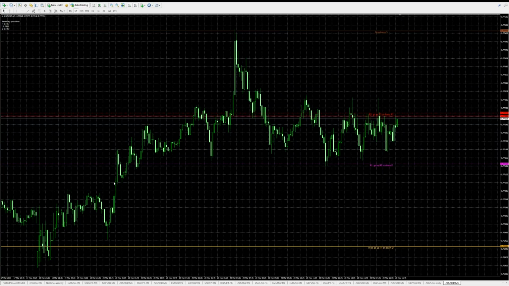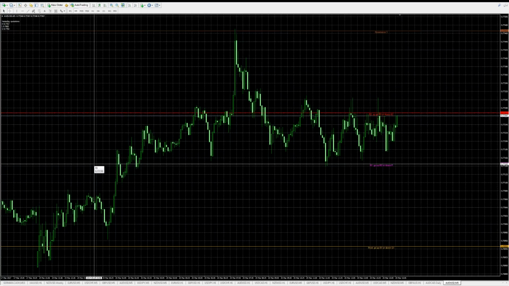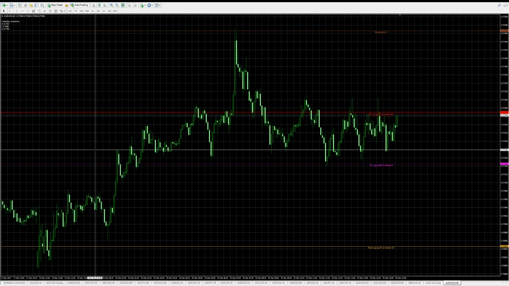First of all, the breakout, which worked perfectly. As I said before, and as you can see here, the first resistance area was 77.15. The breakout happened from 77.15 all the way to 77.18, which is nothing, 3 pips.